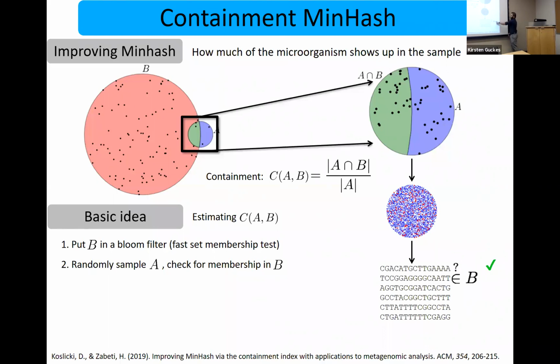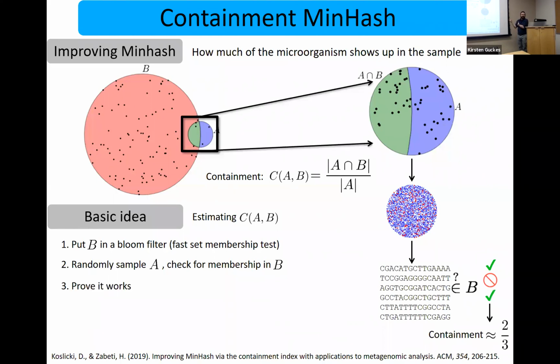Go to the next one. Well, is it in my sample? If not, oh, then you got one of these in the blue region right here. And you keep on doing that over and over again, and then you keep track of the ratios of those, and then your containment index is the number of successes over the number that you tested. So basically what we're doing is we're enumerating the size of the little points in the screen area versus everything here.